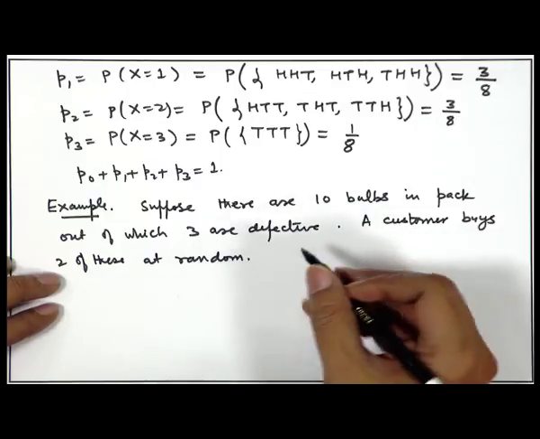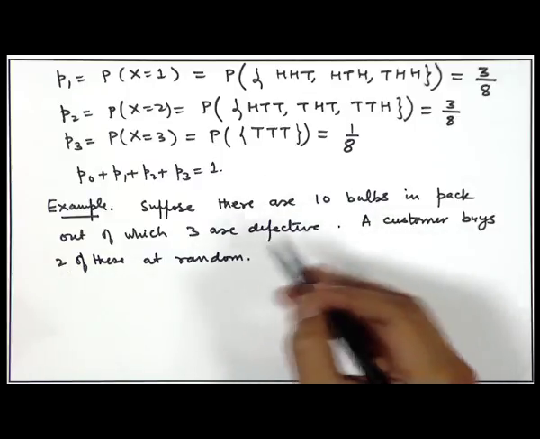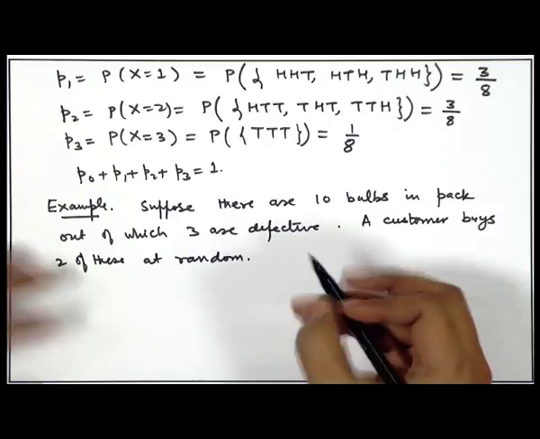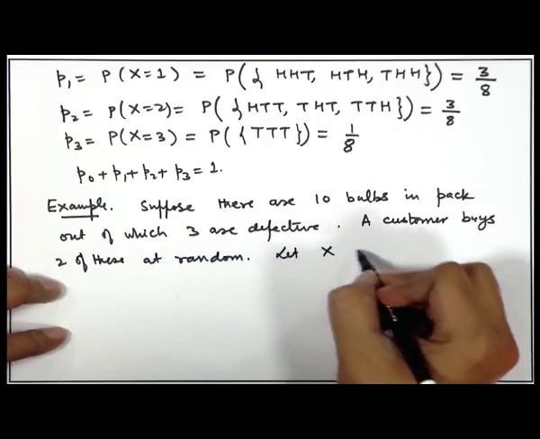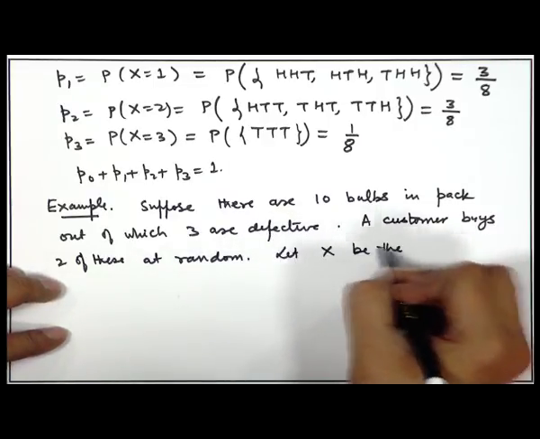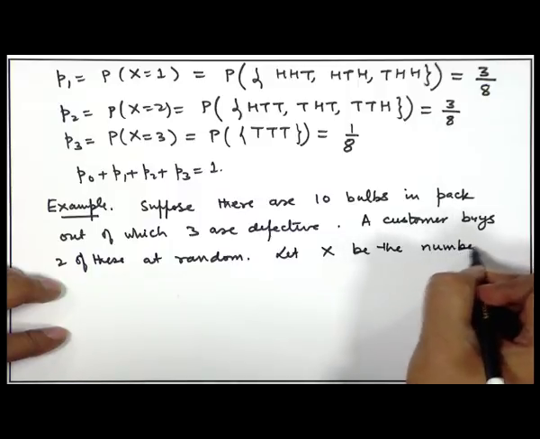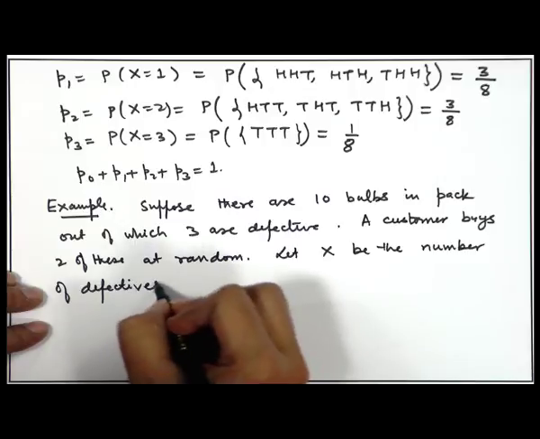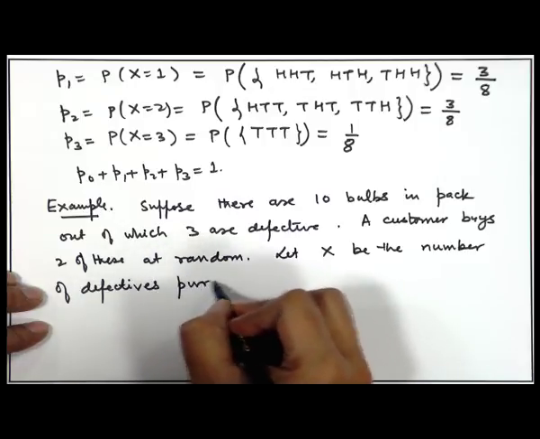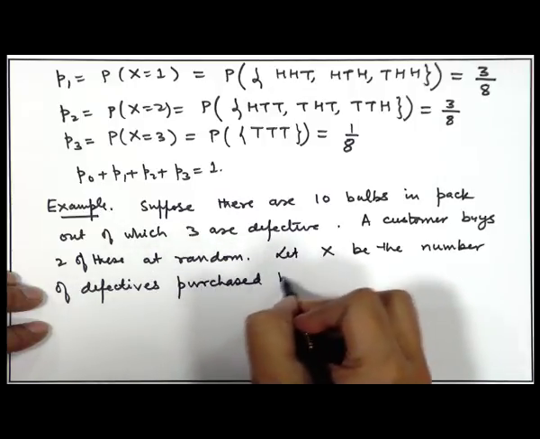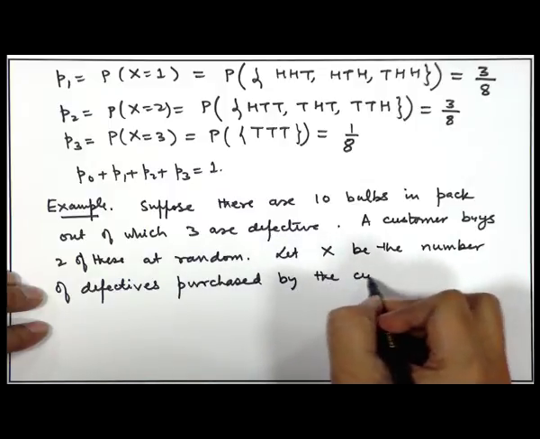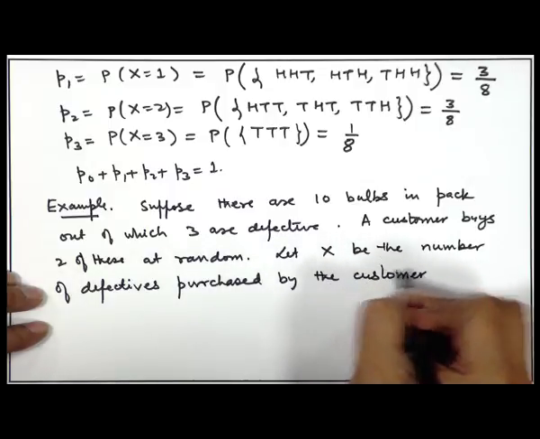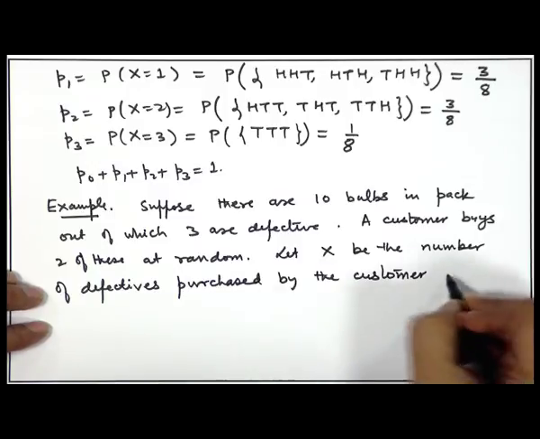Now, certainly when he is buying 2, there can be some defectives there. So, let x be the number of defectives purchased by the customer. Then what are the possible values of x?